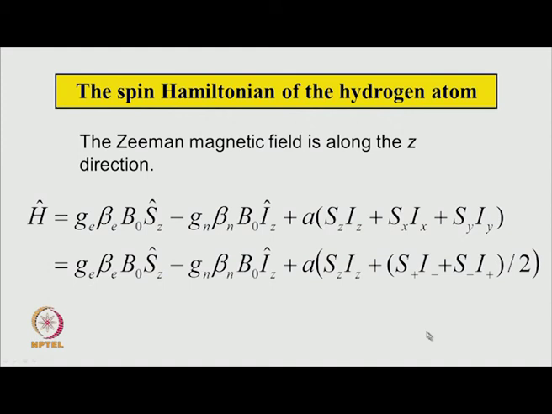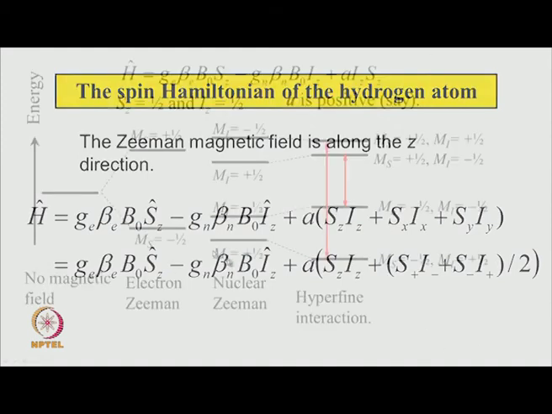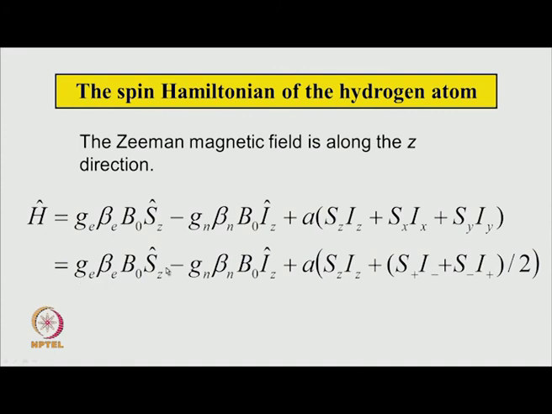So, the simplification of this turns out to be the electron Zeeman term, the nuclear Zeeman term and this Sz Iz term, plus the term that comes out as S plus I minus plus S minus I plus by 2.